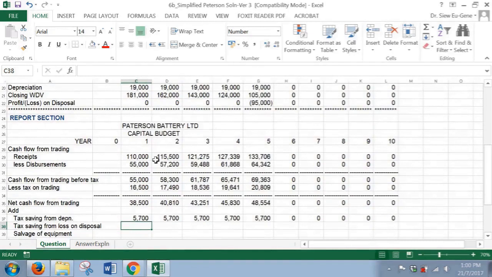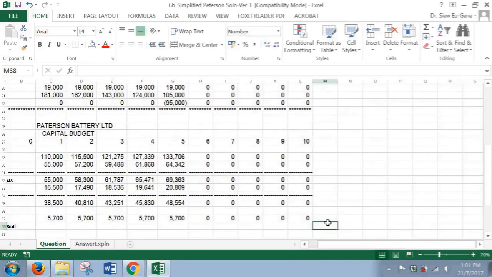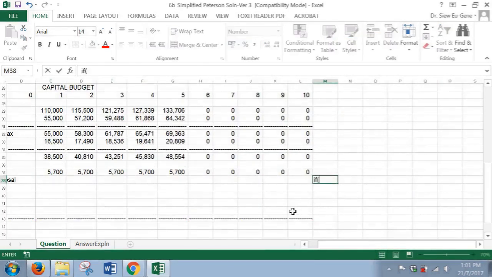All right. So I'll put a principle here, the key ideas of the formula. So if loss on disposal, then tax rate multiplied by the loss.